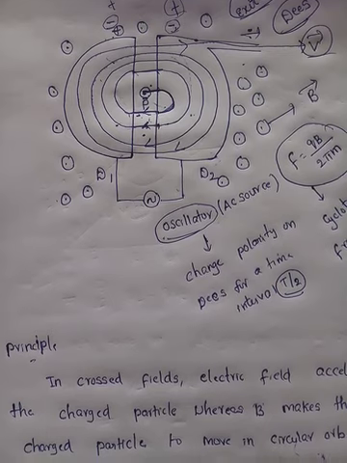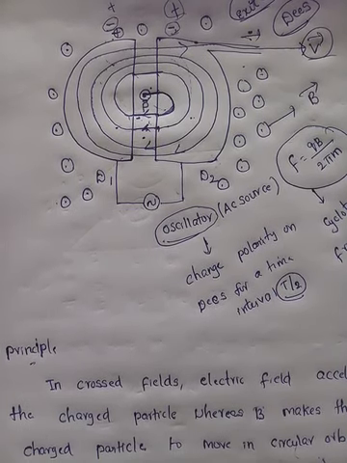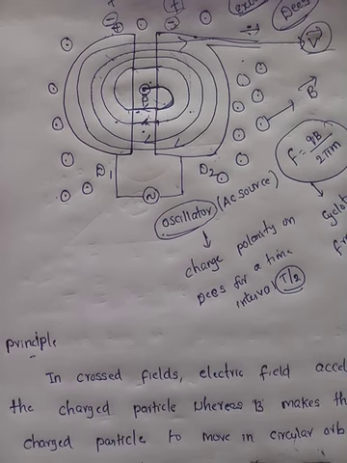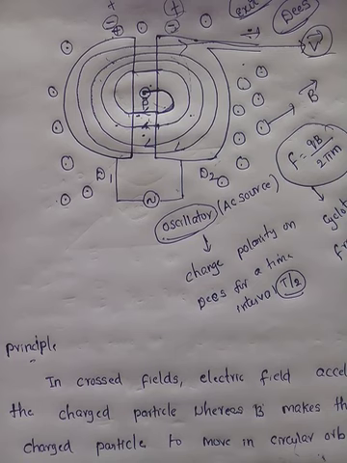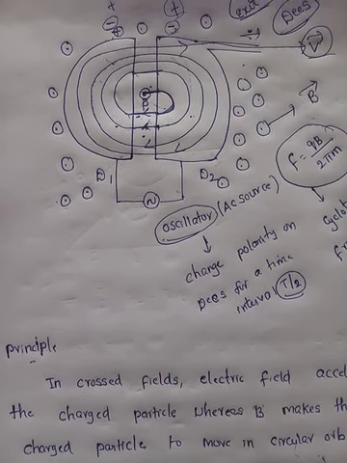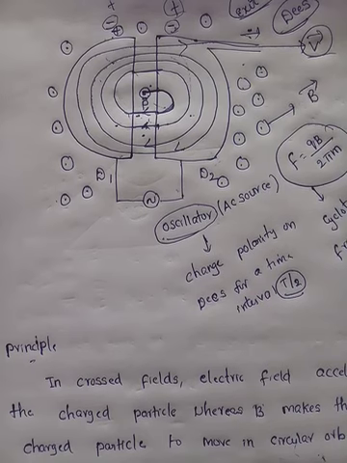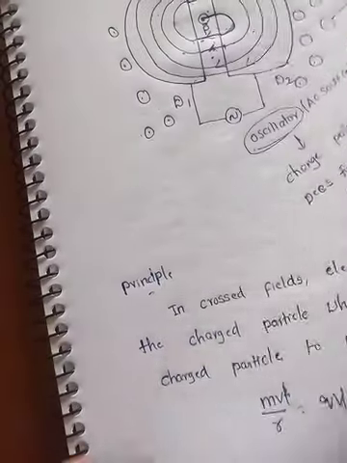A high speed charged particle strikes a surface, the particle gets embedded into the surface and changes its properties. It is also used in hospitals for diagnosis, because it is used to produce radioactive materials, and those radioactive materials are used in diagnosis. So these are the uses of the cyclotron.